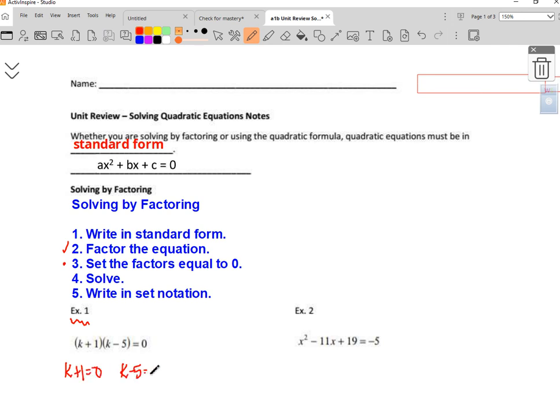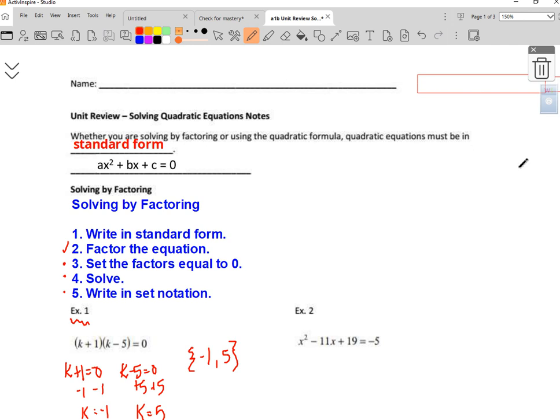For the first one, we want minus 1 to both sides. That would be k equals negative 1. And the other one, plus 5 to both sides, would be k equals 5. And we're going to write it in set notation. The solutions to this equation are negative 1 and 5, and that is the set notation part. We set it equal to 0, we solved, and then we wrote our solutions in set notation.